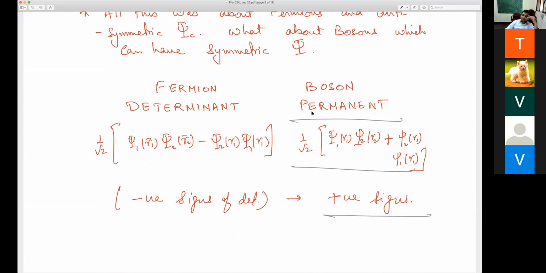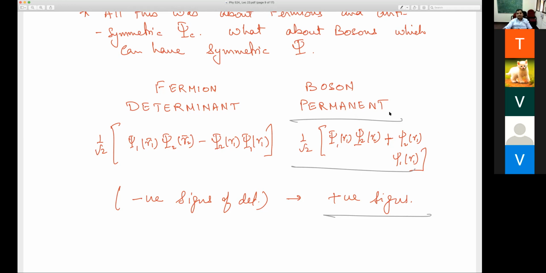For bosons, you construct the same matrix, but the quantity you calculate is the permanent. It works exactly the same way as the determinant, except that all the places where I get a minus sign in the determinant, I change to plus signs by hand in calculating a permanent.